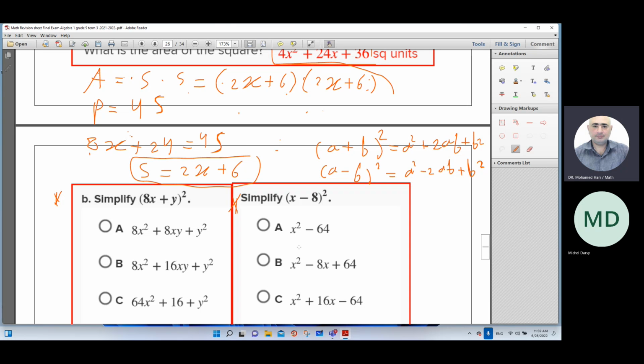So directly here, for example, x minus 8 squared means x squared minus 2 times the first one times the second one. 2 times x times 8 will be 16x plus the square of 8 will be 64.